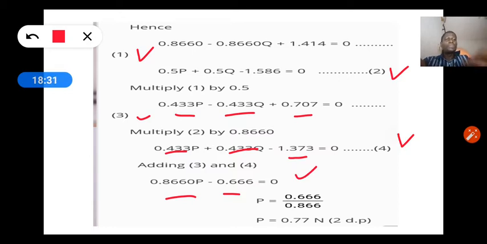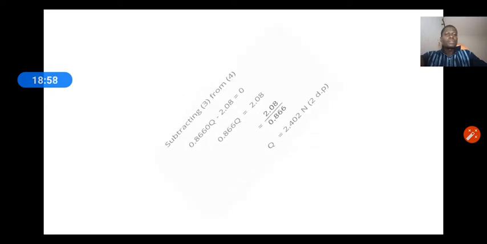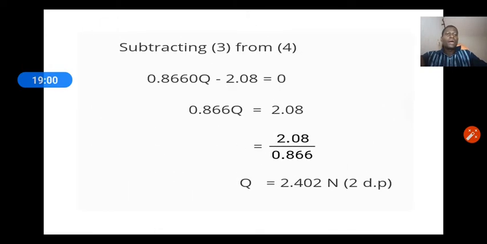So eventually making P subject of the formula, I'm going to have my answer, 0.77 newtons. Remember, the question requires us to convert to 2 decimal places, and that is why I have my answer as 0.77 newtons.